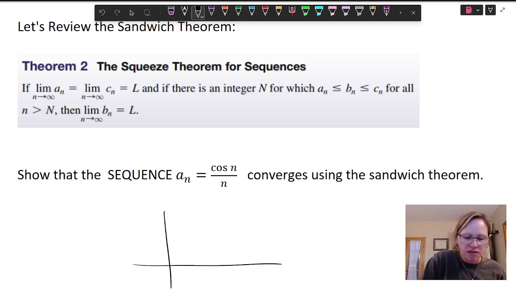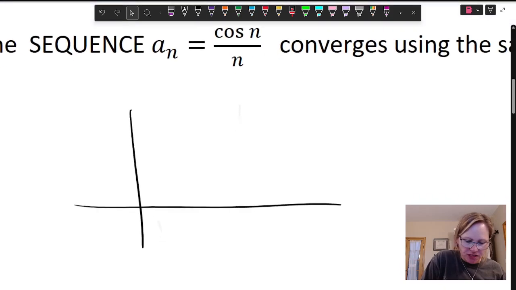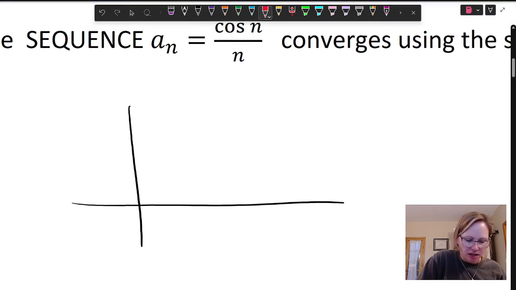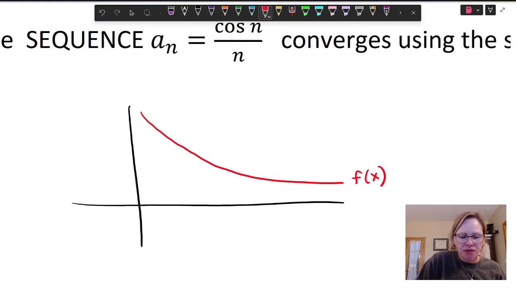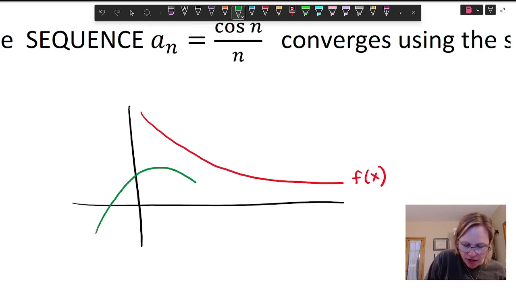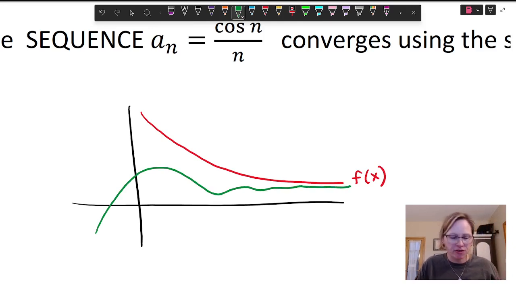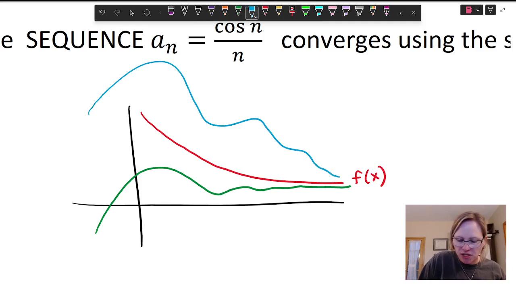If my series is given here, let's name my series in red, we'll call it f of x. If we can find a function that we know will always be below f of x, that green function, and then if we can find another function that we know will always be above my function, we'll call it that blue function.